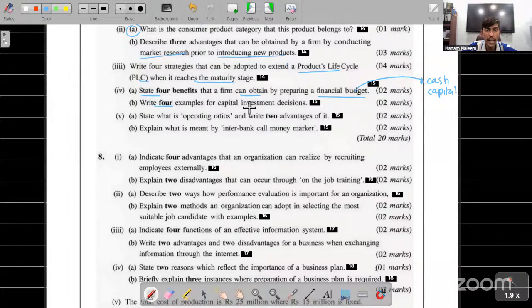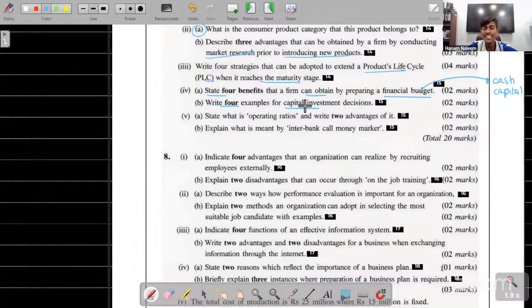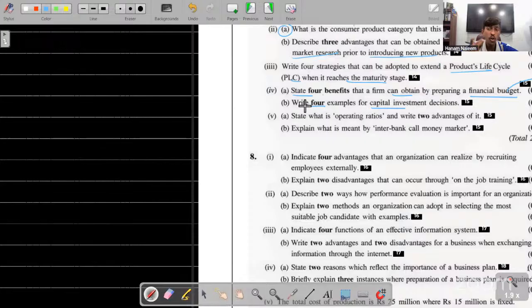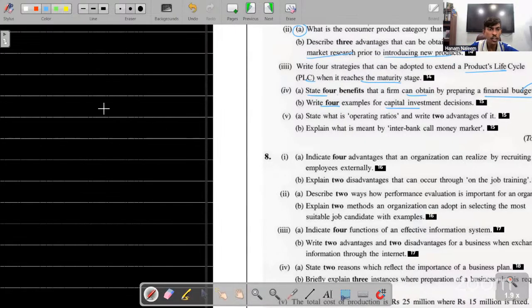Write examples for capital investment decisions. Capital investment decisions are long-term decisions. Investment means your money goes out. Capital means long term. For example, you can write business establishment, which is a long-term purpose. Then you can take business modernization and expansion.